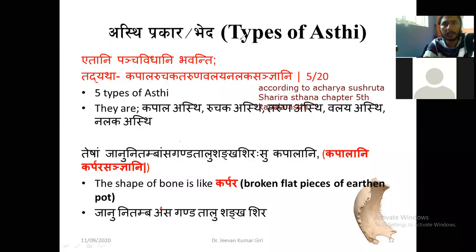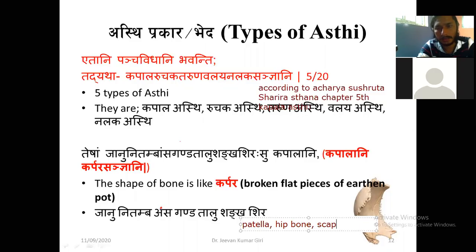Now if you want to correlate, the Asthi of Janu is the patella, which is a flat bone. Nitamba is the hip bone. Amsha is the scapula. Ganda is the cheekbone.